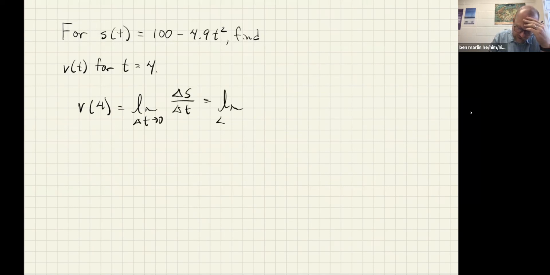So limit as delta t goes to 0, and we have to plug in our equation there: s of 4 plus delta t minus s of 4, and then divide that by delta t. Now, if you had a particular delta t in mind, maybe going from t equals 4 to t equals 5, your delta t would be 1, then you'd be doing that sort of thing. But we're not doing that. We're looking at instantaneous velocity.